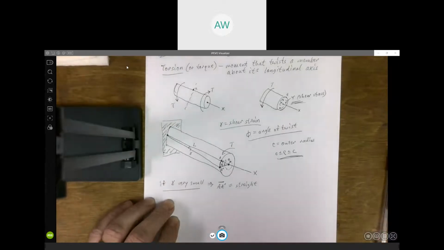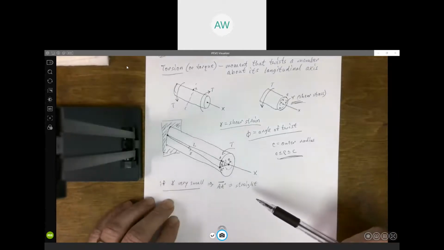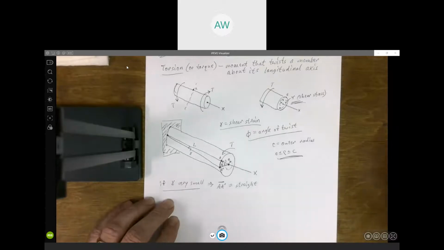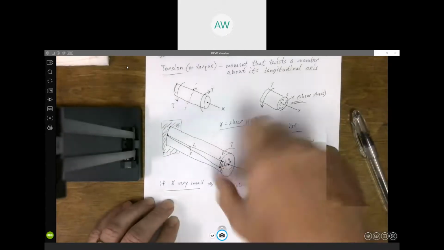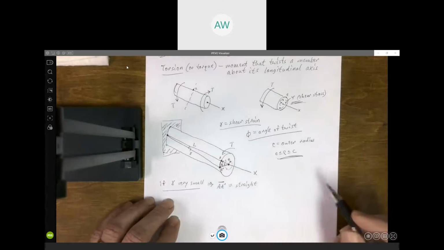If you take a small enough piece of a circular arc, it's essentially straight, and that's what we're doing here. So keep that in mind. At the end, the formula that we come up with is only going to be valid for small deformation. So if you took a circular shaft like this and twisted it so that it rotated around 45 degrees, our formula is not going to be valid. It's only going to apply to really small deformation.